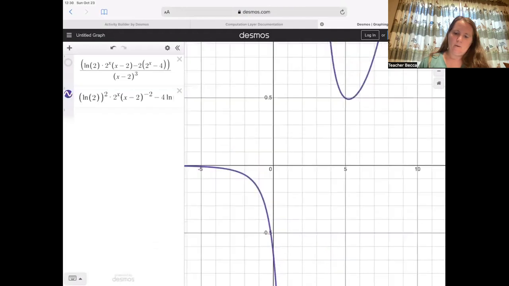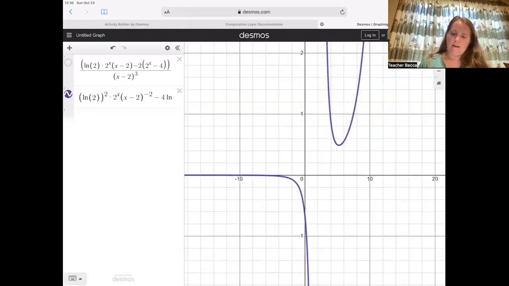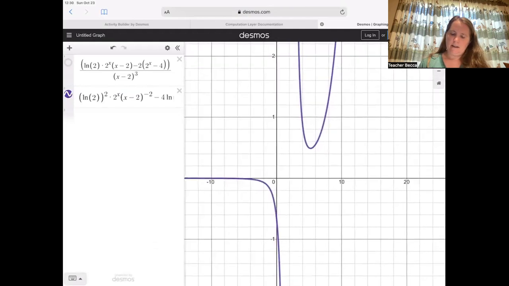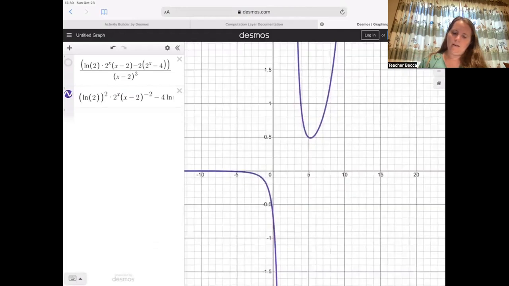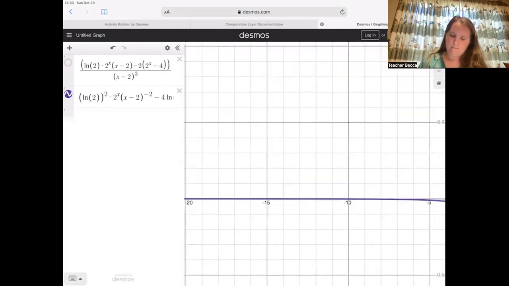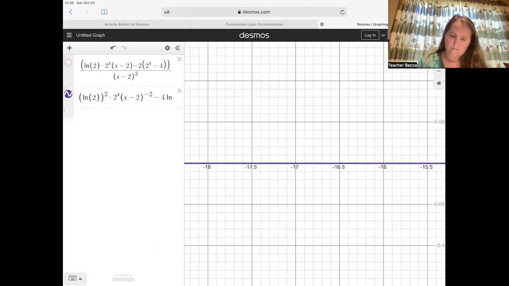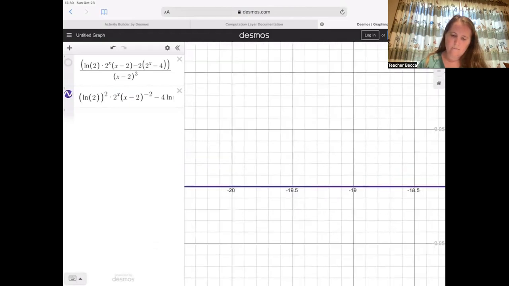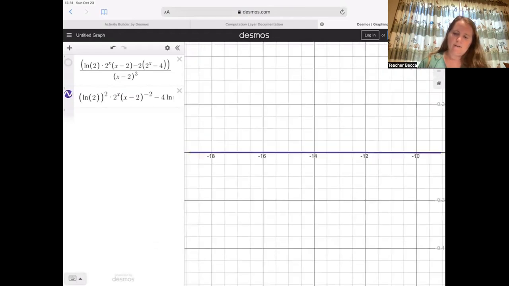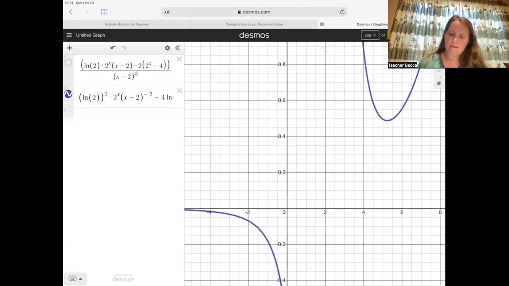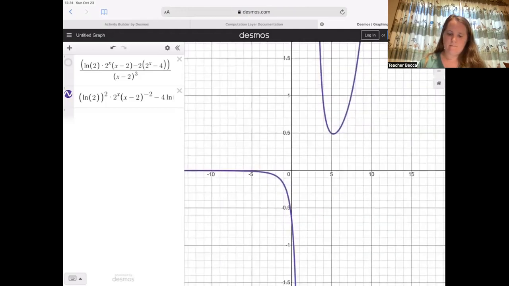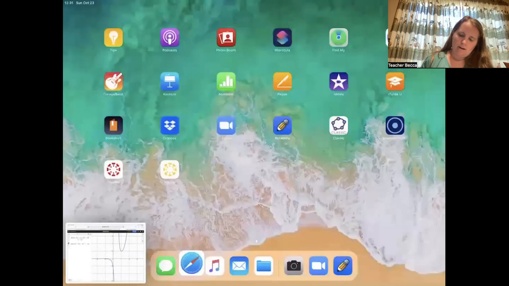So we're now looking at the purple function. And it looks to me like this is undefined at x equals 2, and then it's nowhere else 0. Right? So based off this graph, we're undefined at x equals 2, and nowhere else 0.